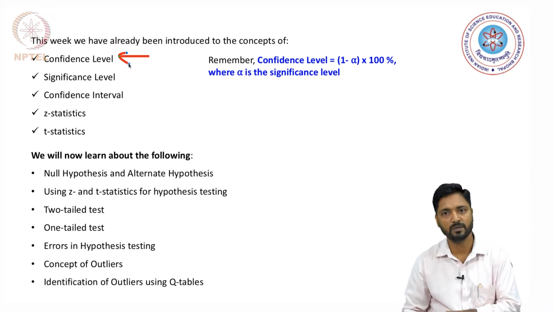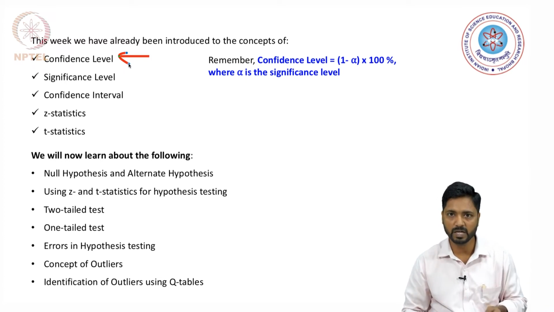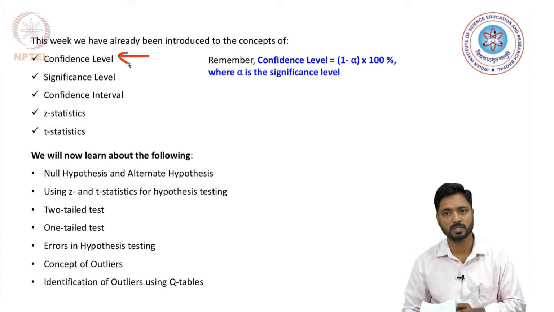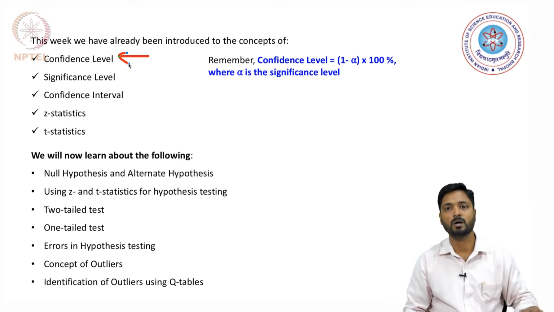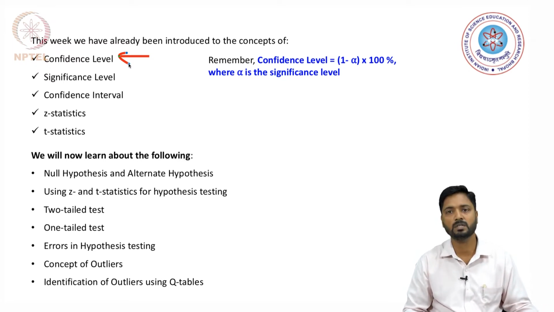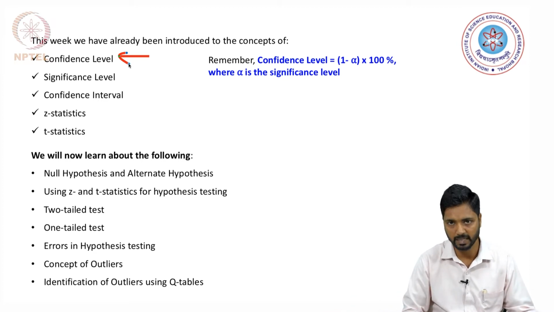Similarly, the significance level tells us how probable it is that a result lies outside the confidence interval. Now, how do we define confidence interval? Confidence interval is the interval around which the sample mean is expected to lie with a certain probability.